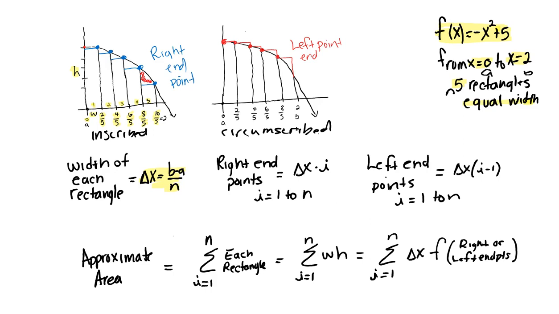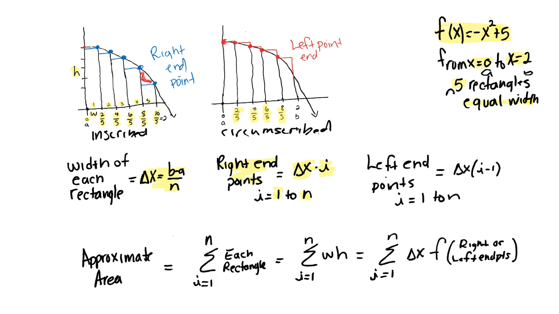We were also able to develop a formula for the right and left endpoints. The right endpoints are delta x times i, from i equals 1 to n. That generates a sequence, and that sequence will give us the endpoints of the rectangles that you see down here below the axis.